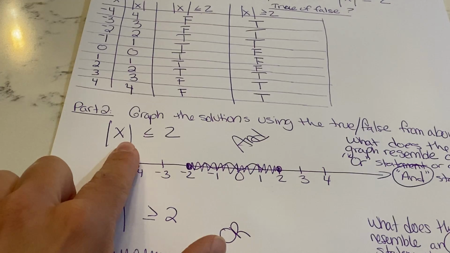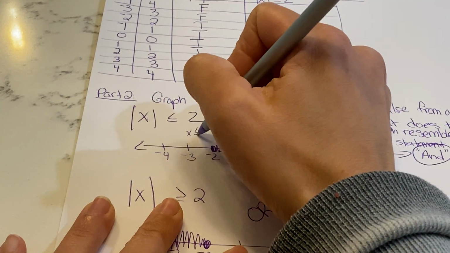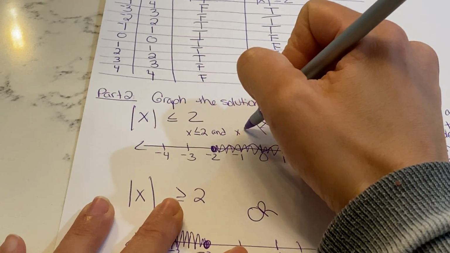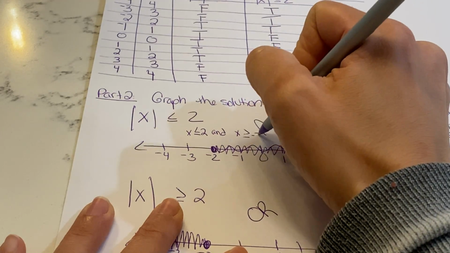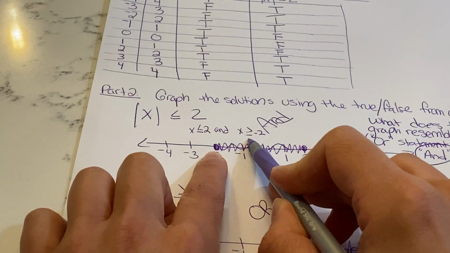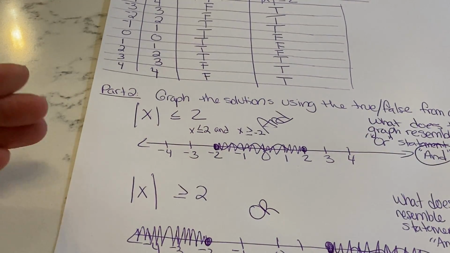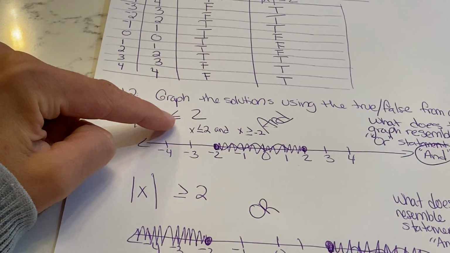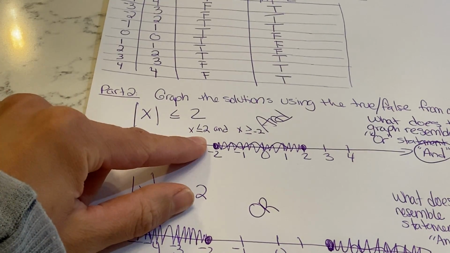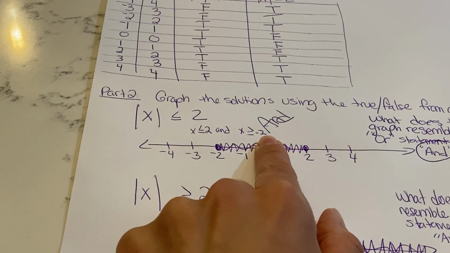So for example, this one will be x is less than or equal to 2 and x is greater or equal to -2. Because at -2, I'm going to the right, that means greater or equal to. At 2, I'm less than. So basically what you're doing is identifying which statement it is. You keep the original one the same, and then you flip, and the number becomes its opposite for the second one.